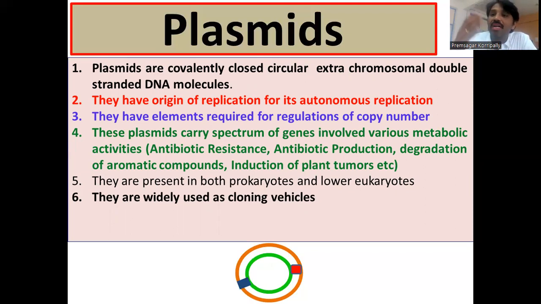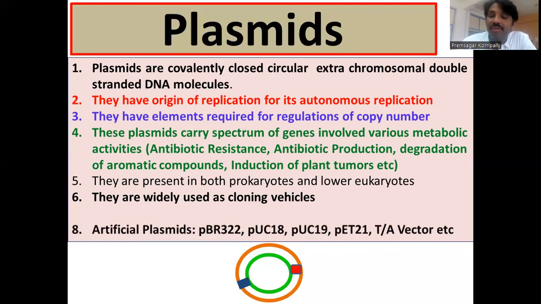So they are transport vehicles. Whatever your gene of interest is can be cloned and moved to a different host. It may be bacteria, fungi, plant, or human cell lines. They carry your gene of interest into the respective host where it can be replicated or expressed as protein to produce the recombinant protein.